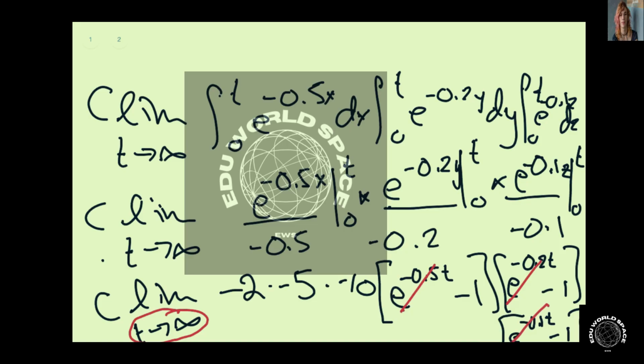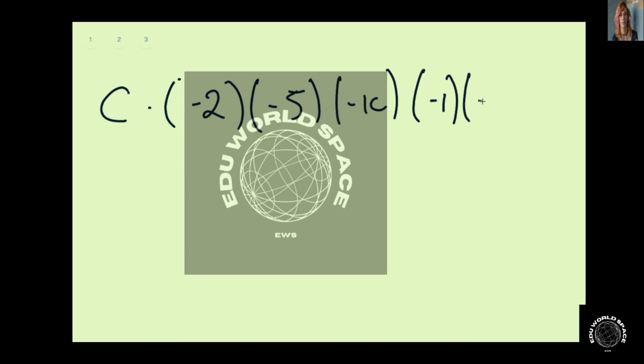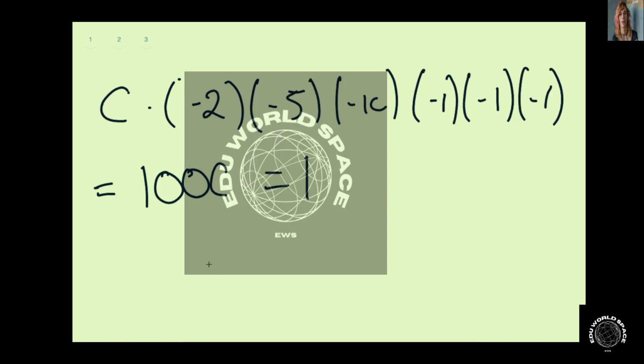So we're going to get c times all the negatives multiplied out, and this is 100c. And we have this equal to 1, so c is equal to 1 over 100. That's part A.